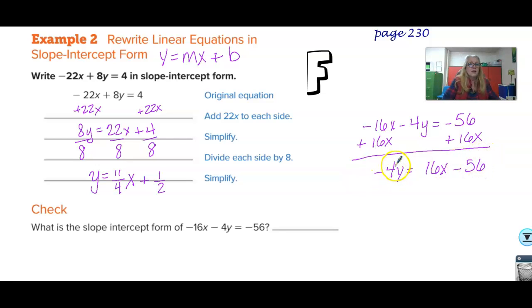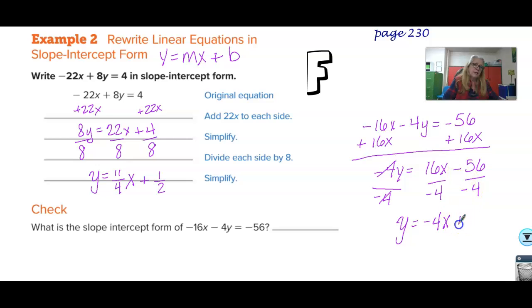All right? My last step then is to get y by itself. It can't have a coefficient, so I need to divide every term on both sides of the equal sign by negative 4. All righty, and these 4's cancel. 16 over negative 4 reduces to negative 4 because 16 divided by negative 4 is negative 4.